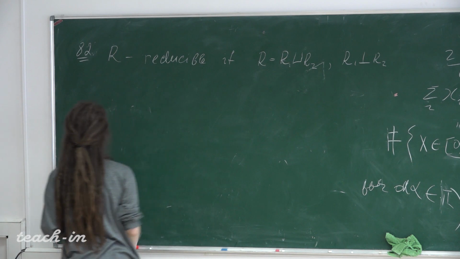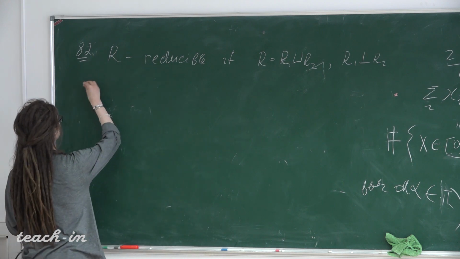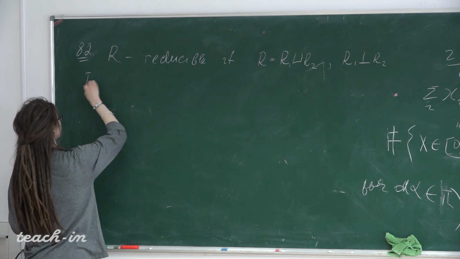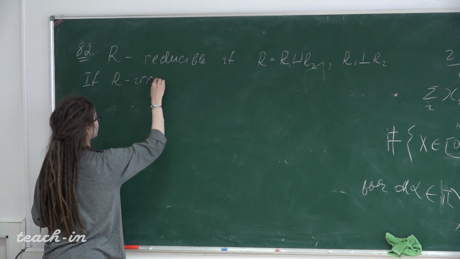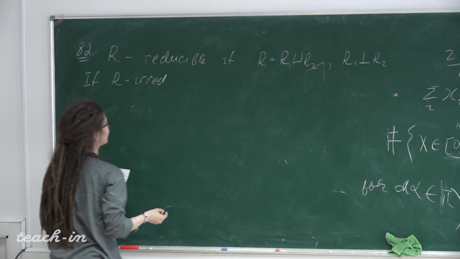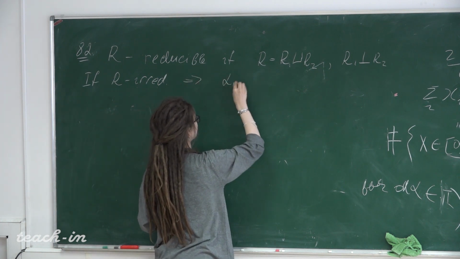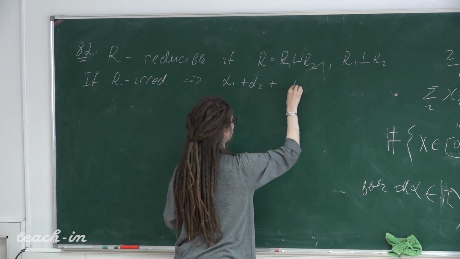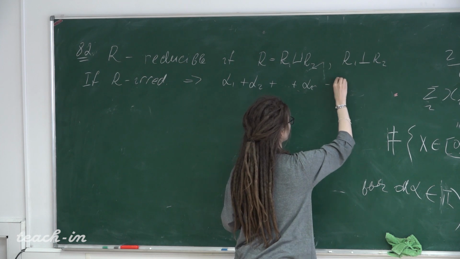Otherwise, R is irreducible, and we wanted to prove that if it is irreducible, then it is not a root system.